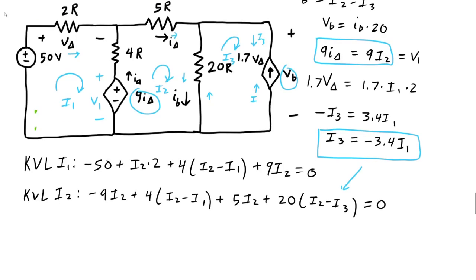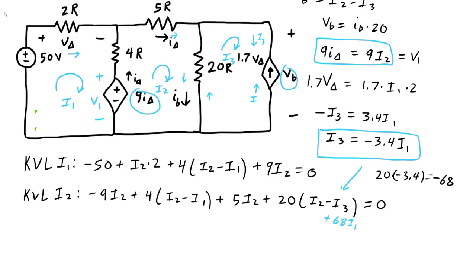So let's see, 20 times minus 3.4 equals negative 68, because it's 0.8 times 2 times 3 times 10. So yeah, 68. And then I'm going to put that in here. So minus is plus, so plus 68I1.